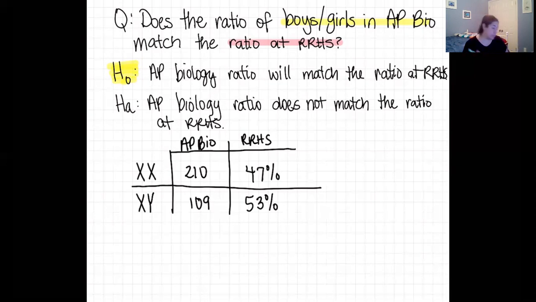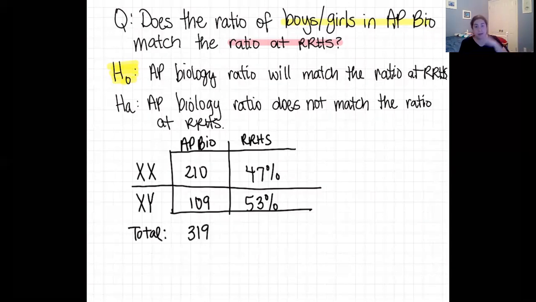So what we're going to have to do is take this value of students at Round Rock High School, and we're going to figure out, well, what would that number be for our population? Now, to do that, what you're going to do is get your total. So the total number of students in AP Biology, 210 plus 109, is 319 students.